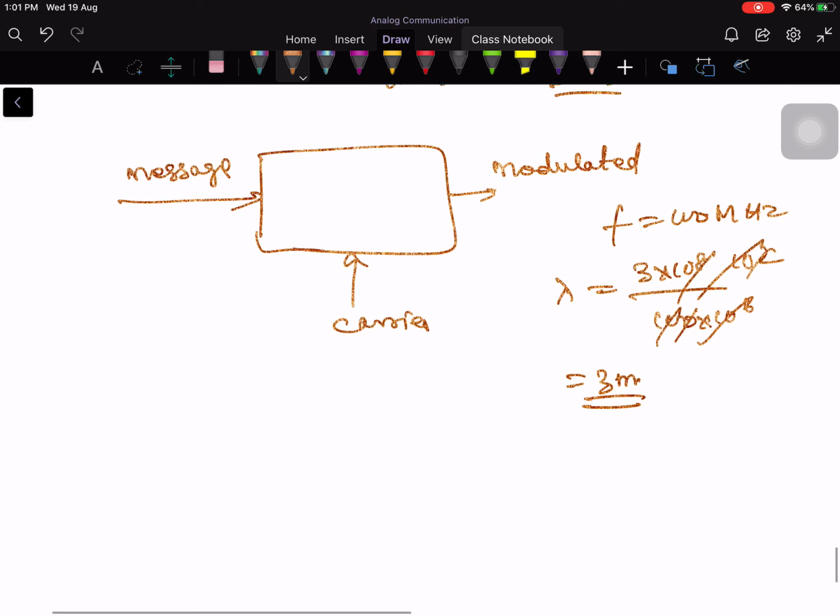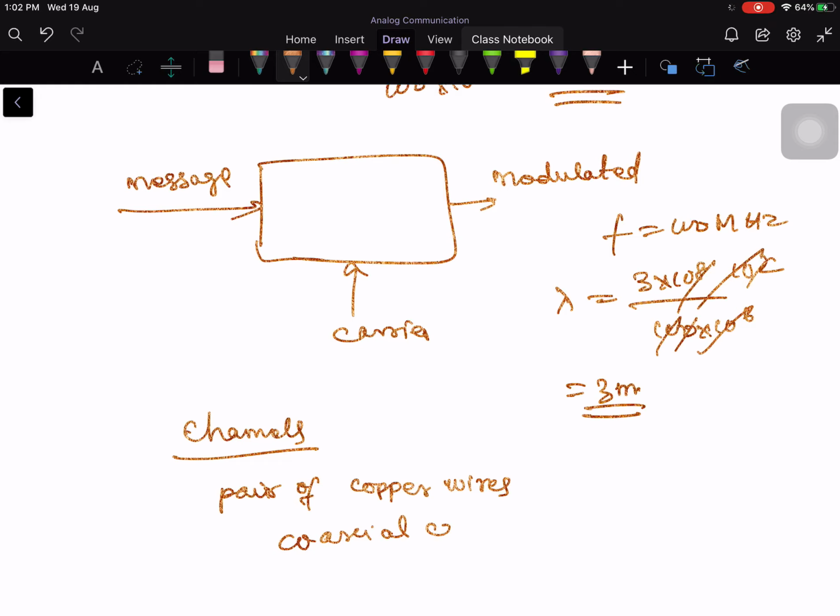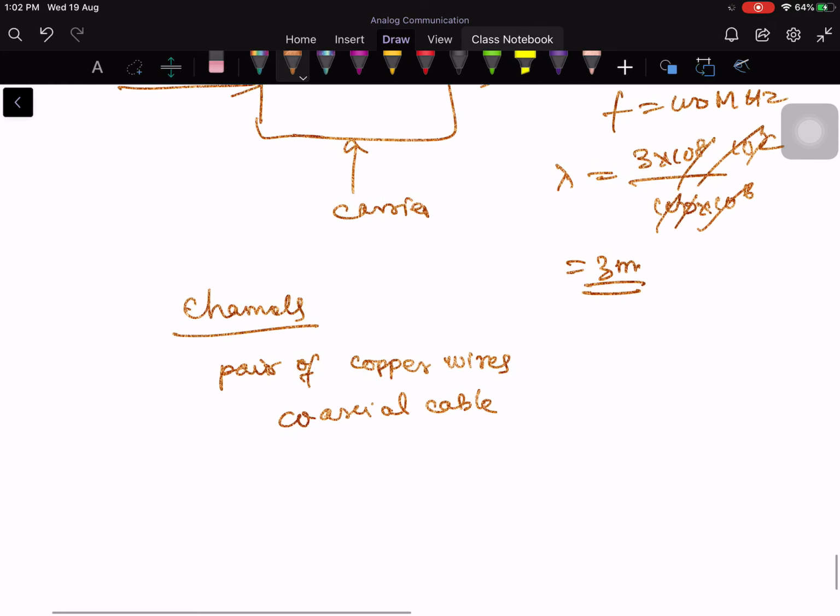Then you put the modulated signal into the channel, and there are different kinds that we will discuss a little later, like a pair of copper wires, coaxial cable, then waveguides.